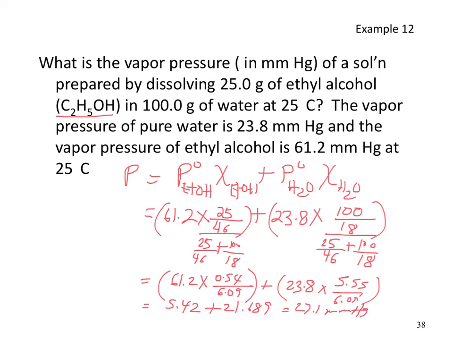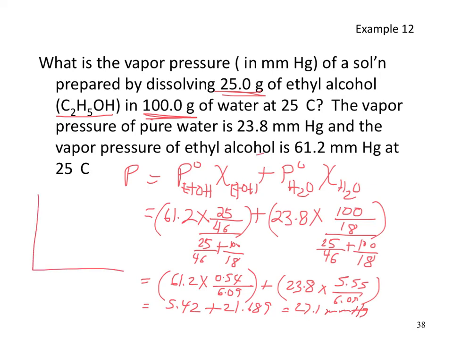The one thing that I really want to drive across here is, notice the numbers that you used. You started with 100 grams of water and 25 grams of ethyl alcohol. So in terms of the number of moles, the moles of water came out to be like 5.55 out of the total 6.09 moles. That means the amount of water is greater, and that means that your overall value for the vapor pressure should also be closer to that of water than of ethyl alcohol.